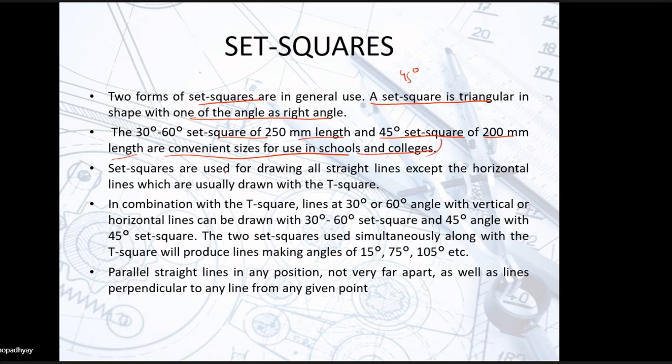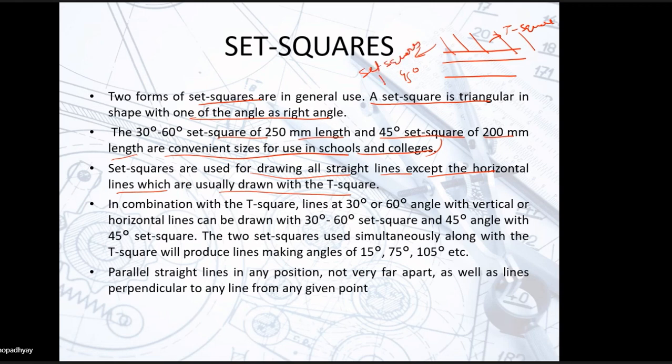Set squares are used for drawing all straight lines except horizontal lines, which are usually drawn with the T square. So all horizontal straight and parallel lines are drawn using a T square, and inclined straight parallel lines are drawn with the help of set squares.